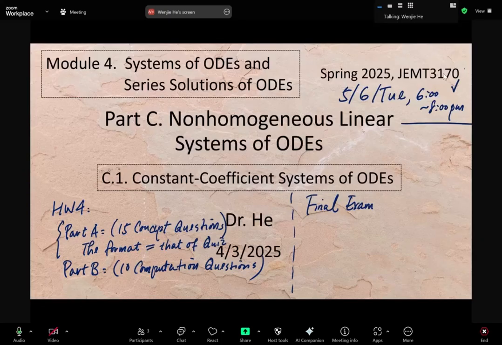The final is still part A, part B. Part A is the same as quiz 6.